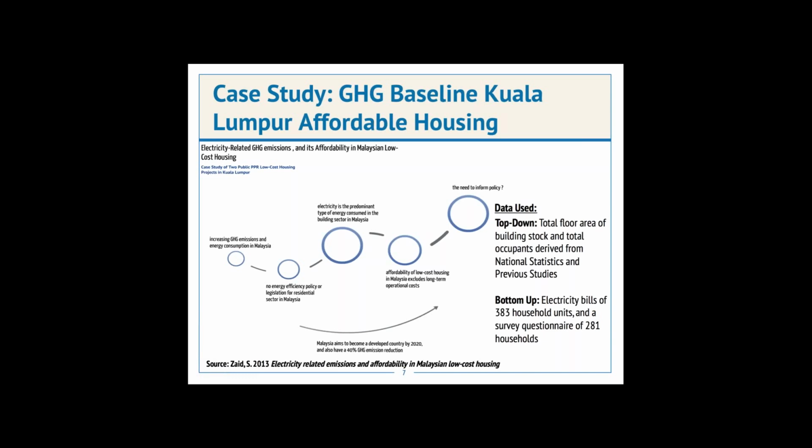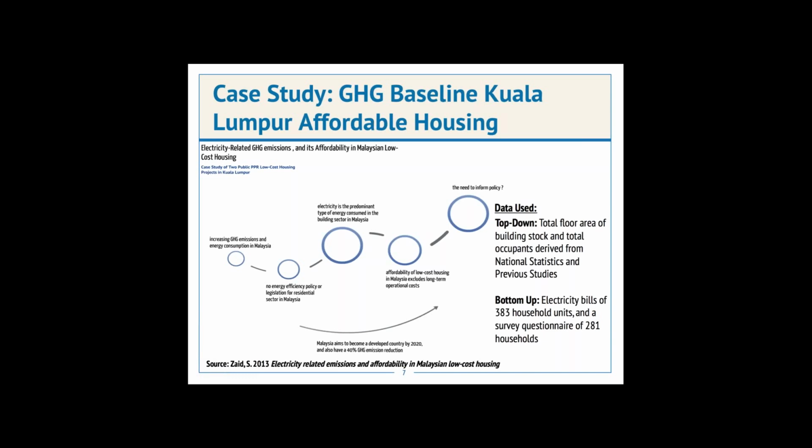So from left to right, you can see that there is a need for being able to address emissions in Malaysia, that there's no policy at present on residential building energy performance, and that there is a very high level of emissions associated with electricity use in Malaysia, and that this is an issue for affordable housing because if the government is trying to reduce emissions, it also needs to consider how to do that in a way which is affordable for that sector of the community.